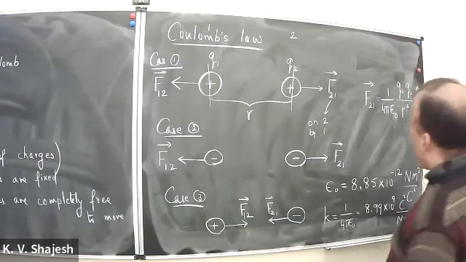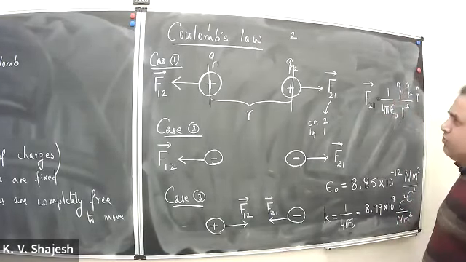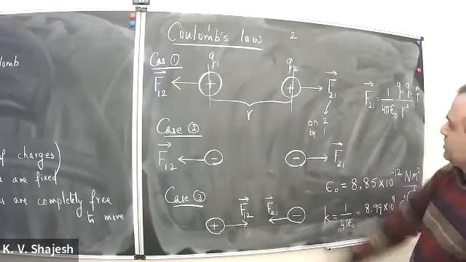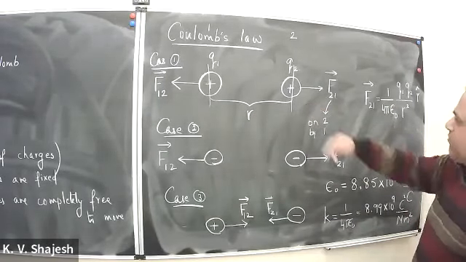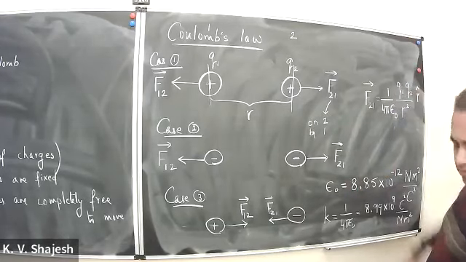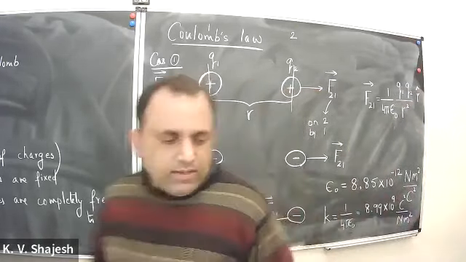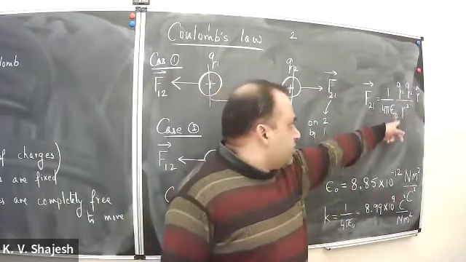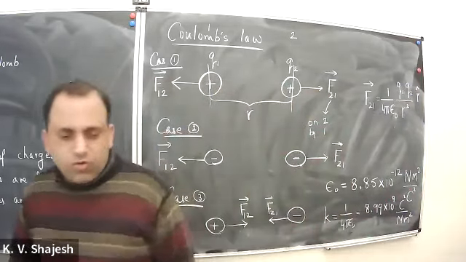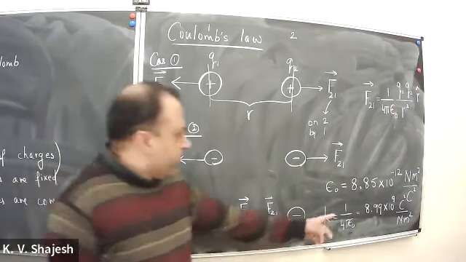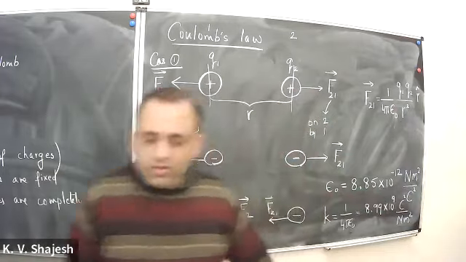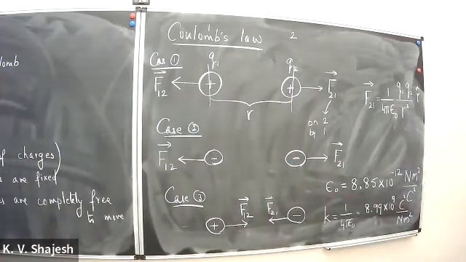So the idea is, again, what is Coulomb's law? If you have two charges, there is a force acting on either of the charges, and that's given by what is called Coulomb's law. It is proportional to the charges and inversely proportional to the square of the distance between the centers of the charges, and a constant multiplying it gives you the units correctly.